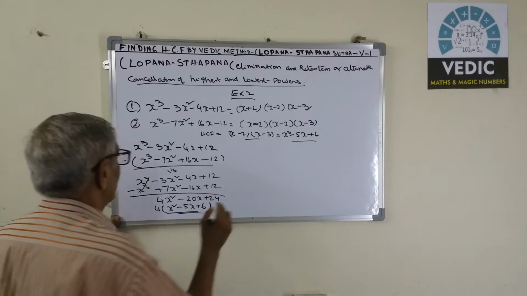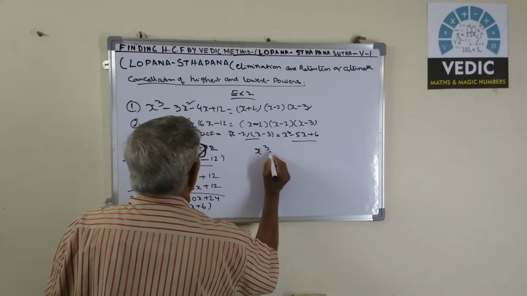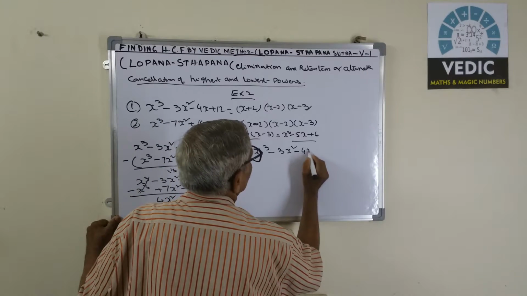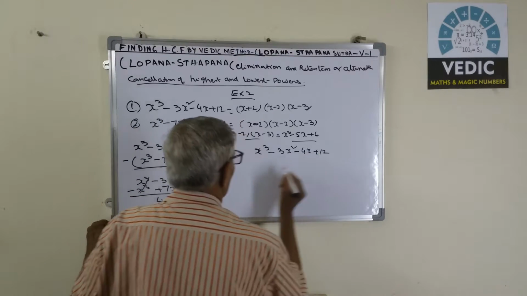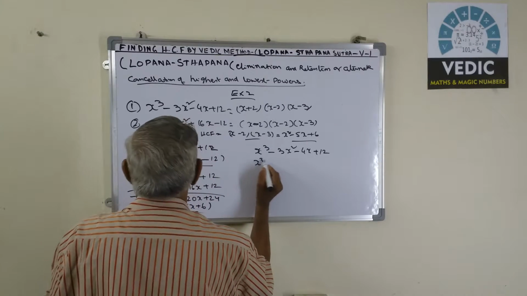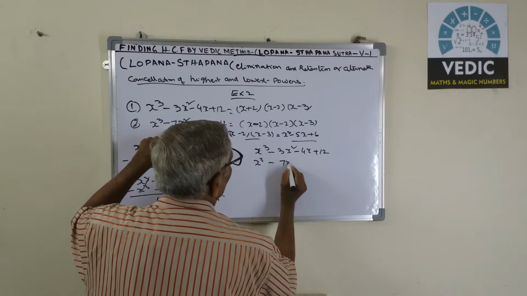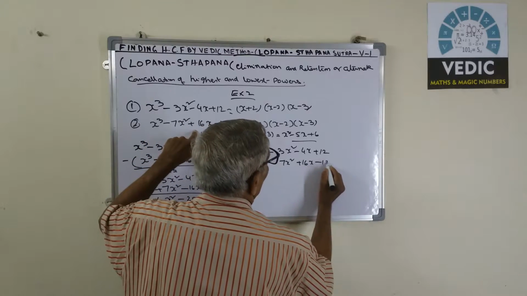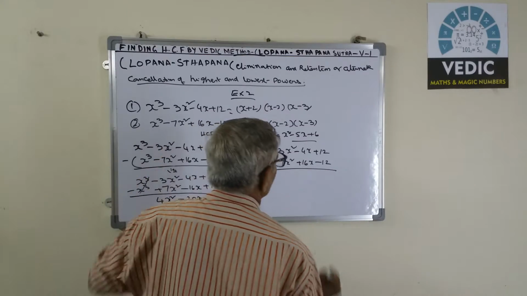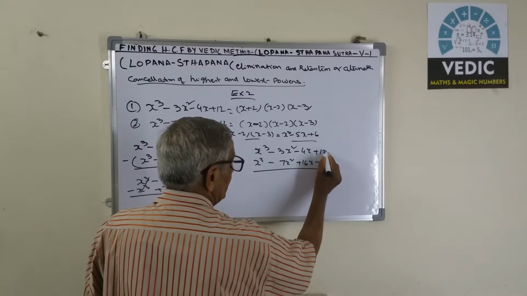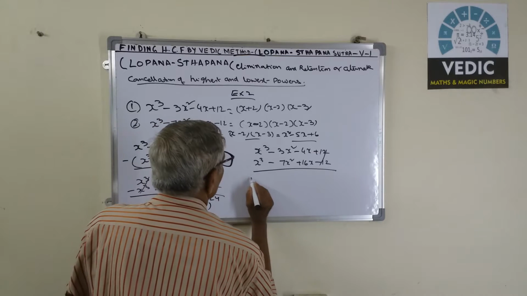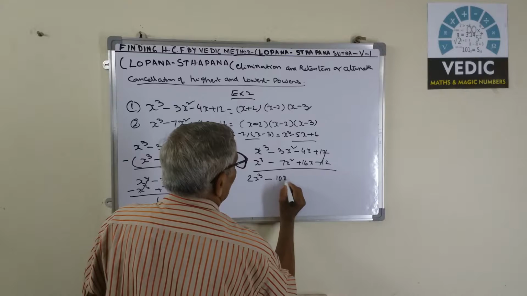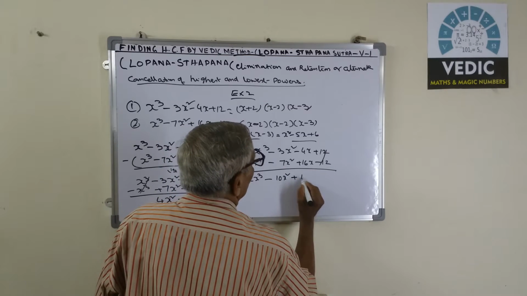Now let us see the addition method. x cube minus 3x square minus 4x plus 12, and x cube minus 7x square plus 16x minus 12. Here is the cancellation of the lowest powers. These two got cancelled, and we have 2x cube minus 10x square plus 12x.